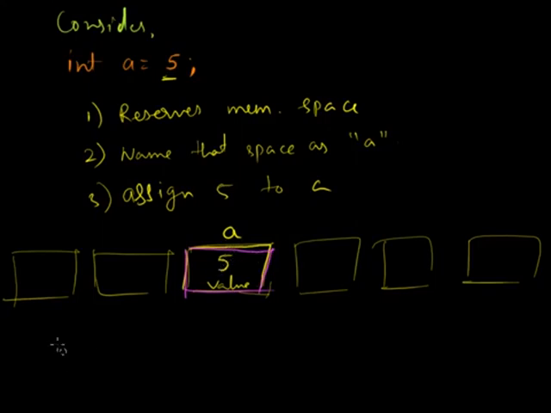Now you know that every memory location has an address. So all of these locations have an address, so this one also must have an address. Let us assume that this address is 65,000. This is the address, or it can also be termed the location number.